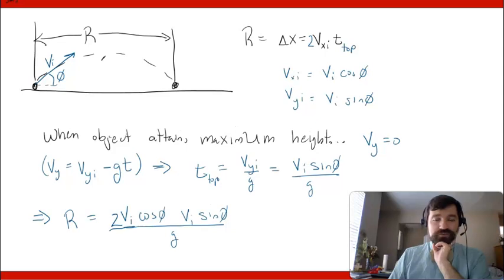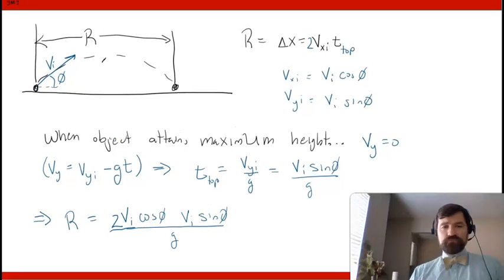Now, we use a trigonometry identity. That identity says that 2 cosine phi sine phi is equal to sine of 2 phi. So this is equal to v initial squared sine of 2 phi divided by g.